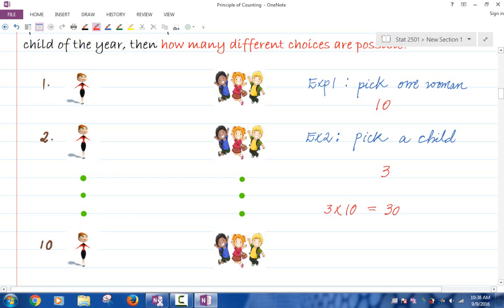For each mother, there are 3 possible children, right? So if I am pairing up a mother with a child, for each family I have 3 possible pairs, and there are 10 families, so there are 30 pairs possible.